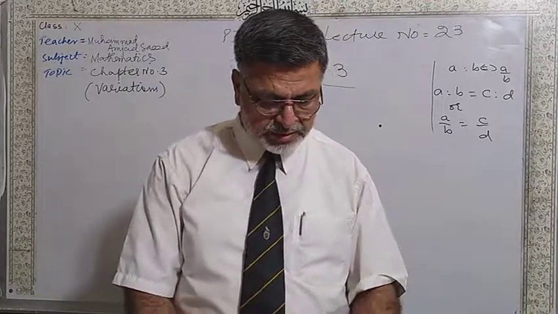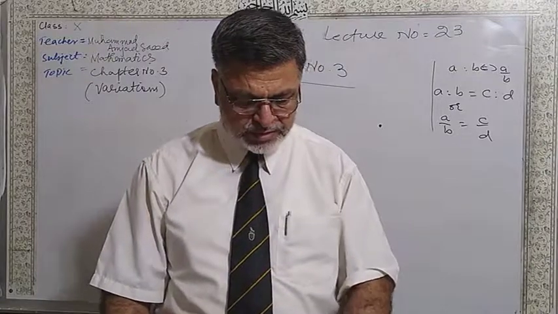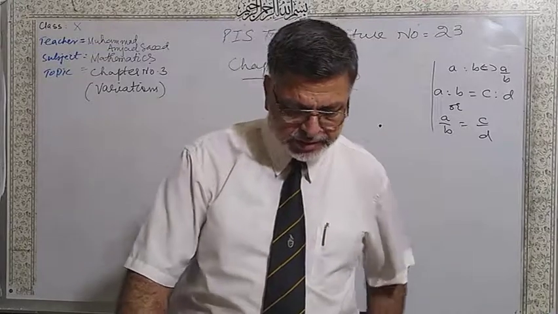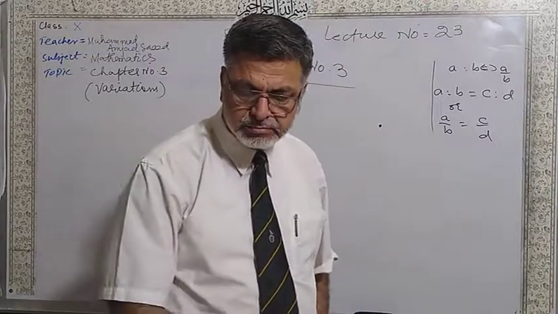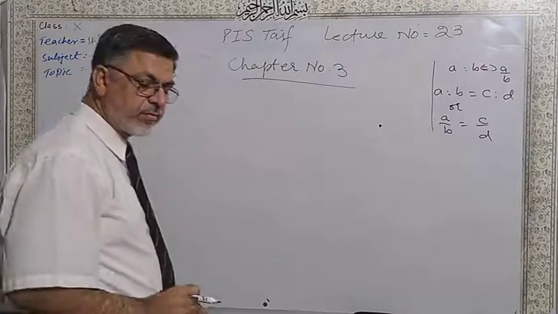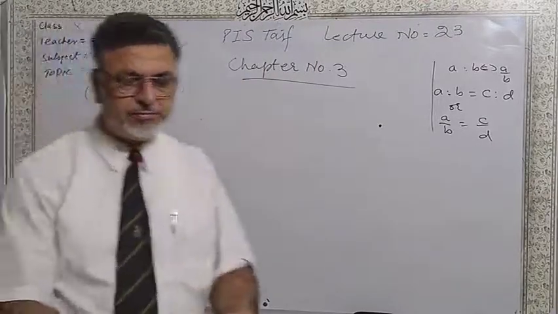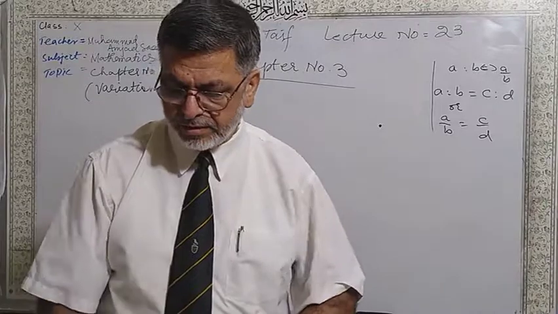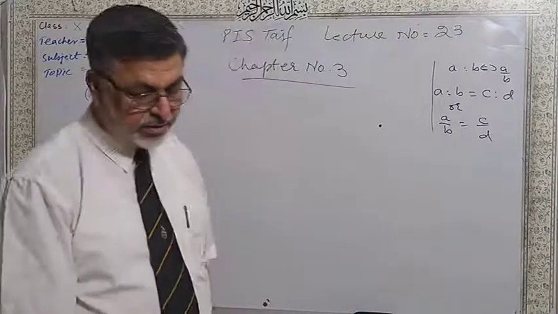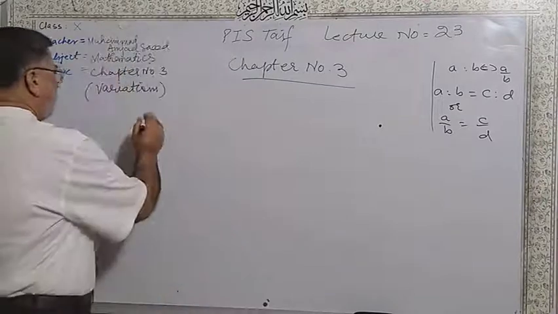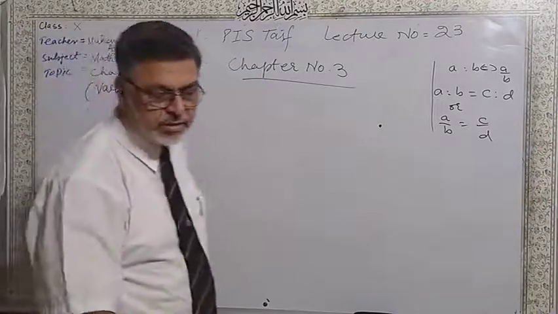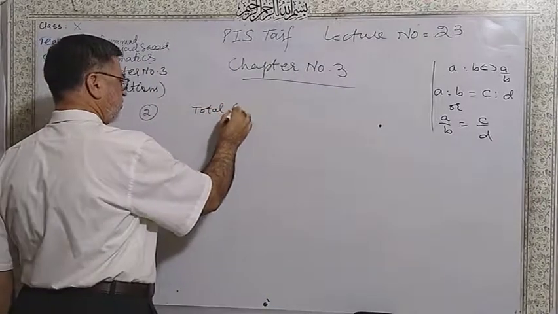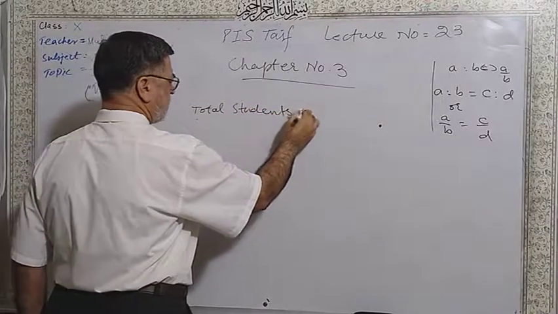Question number 2. In a class of 60 students, 25 students are girls, remaining students are boys. Compute the ratios. Total students are 60.